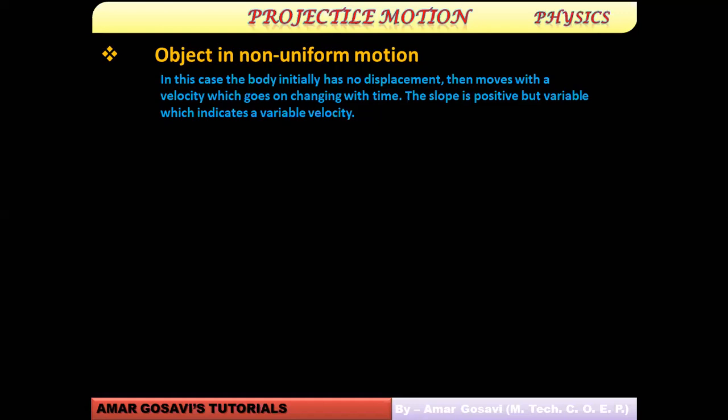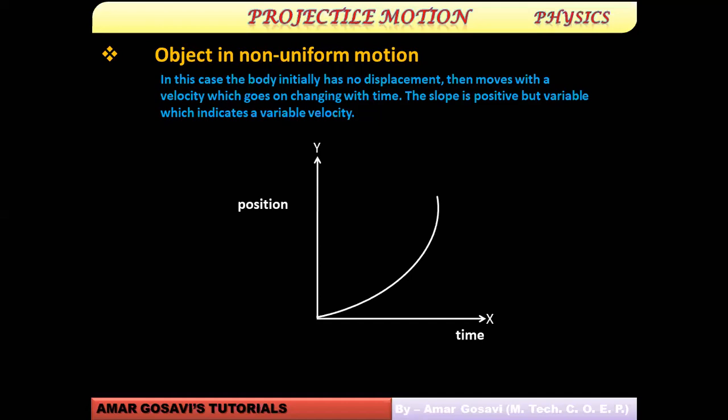And how would the graph look? If you have to indicate a variable velocity, obviously it won't be a straight line. So plot time and position in this manner on the graph. It will be a curved line like this. It won't be a straight line. The slope is positive, but it's a curvilinear line that starts from the origin in this manner.